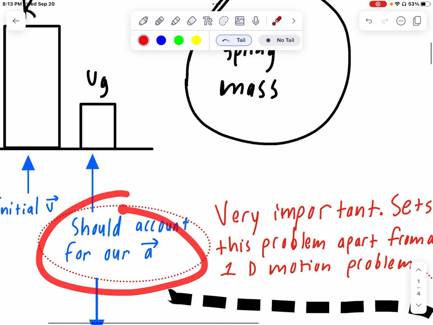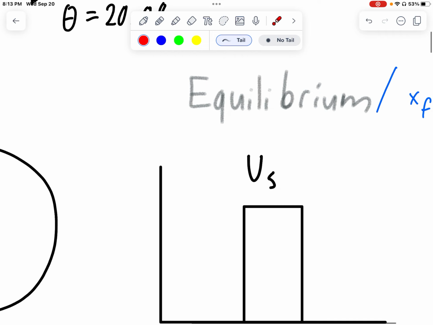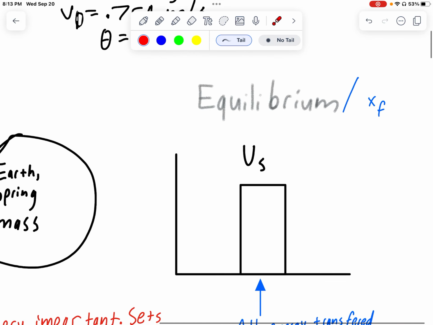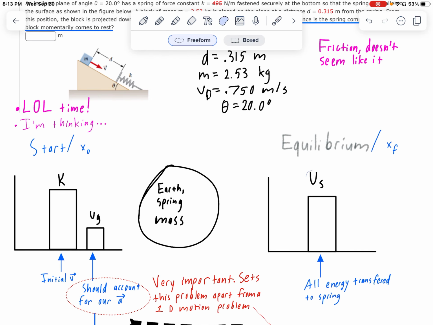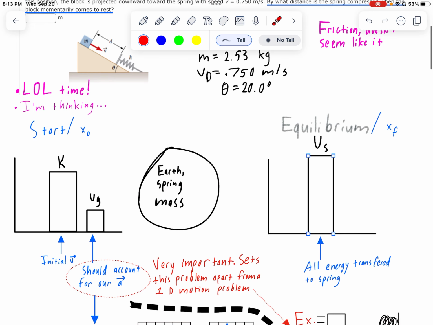And then at equilibrium, we have all of our energy transferred into elastic energy. So this should be much greater, to show that all the kinetic and all the gravitational energy goes into this elastic energy.